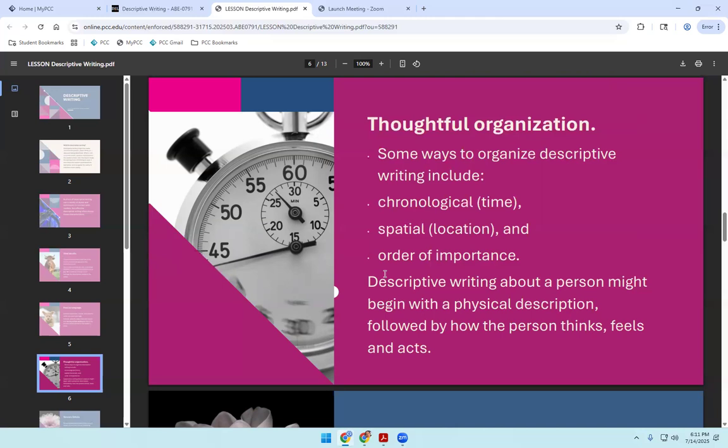Yeah, it is like where you're at. So how would you describe, okay, for example, if you were coming into a classroom and you were going to describe it, how would you describe it in a way that makes sense? Yeah, so that's spatial.